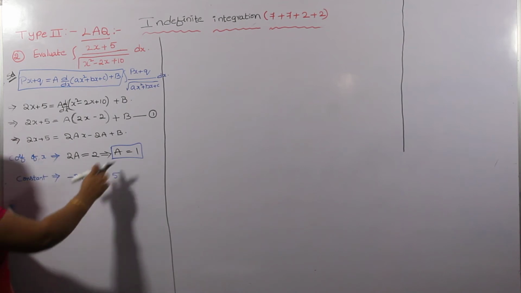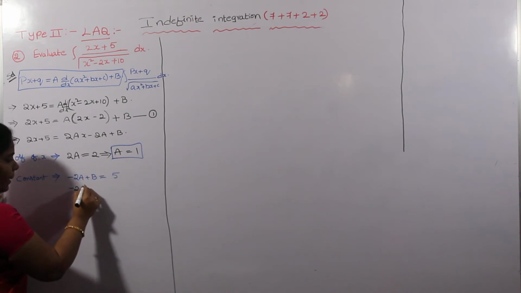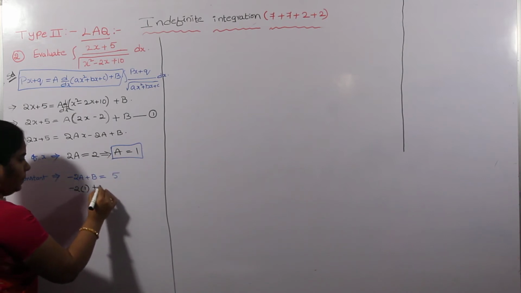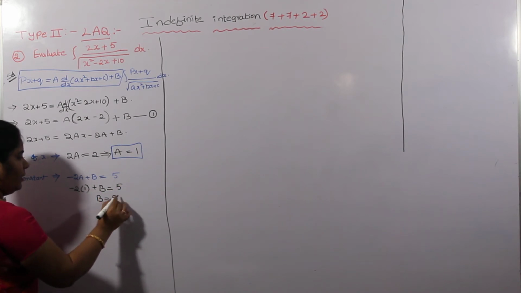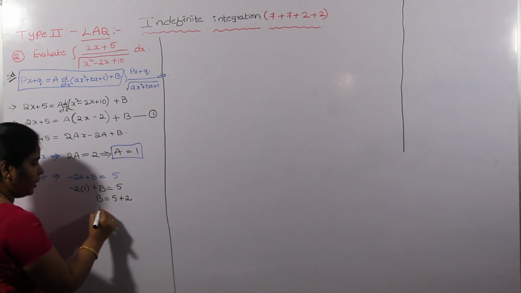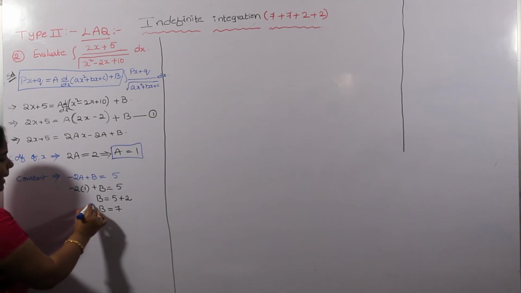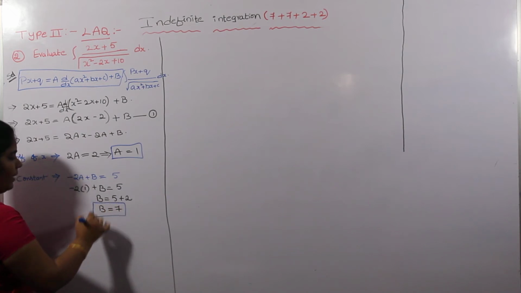Already we have the capital A value. Substitute here: minus 2 into capital A, which is 1, plus B is equal to 5. B is equal to 5, this minus 2 taken to this side, 5 plus 2. 5 plus 2 is equal to 7. Therefore B is 7. We get capital A and capital B values.